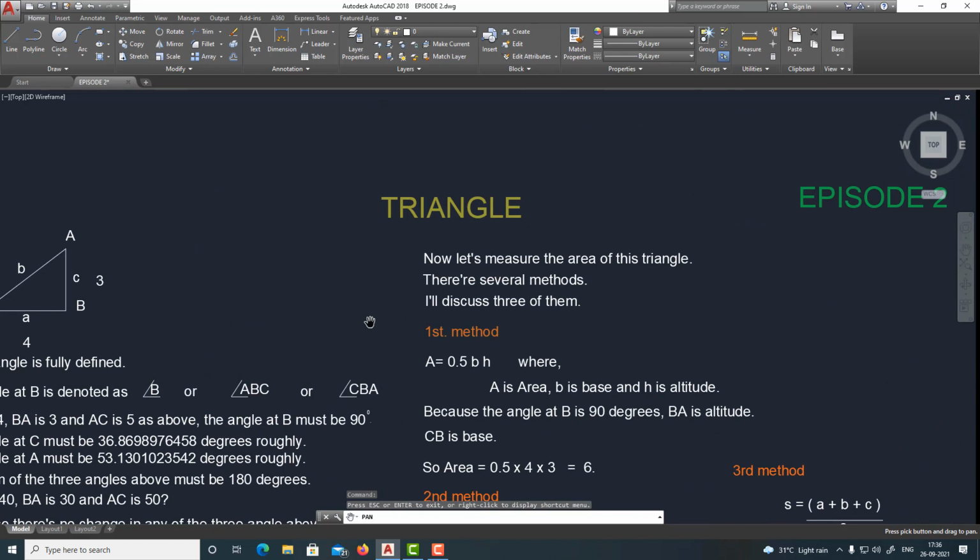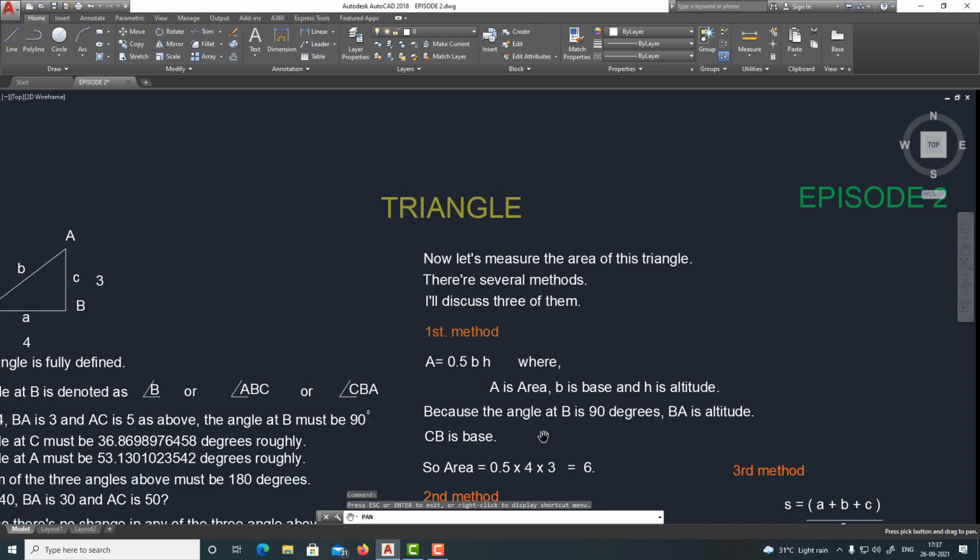Let's now measure the area of this triangle. There are several methods. I will discuss only three of them. First method, area is equal to half BH. A is area, B is base and H is altitude.